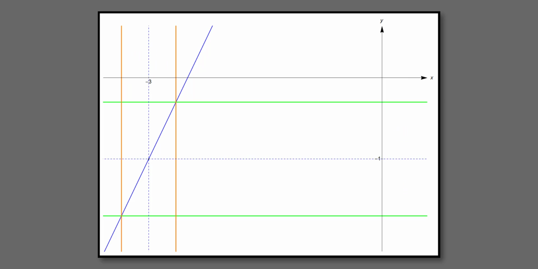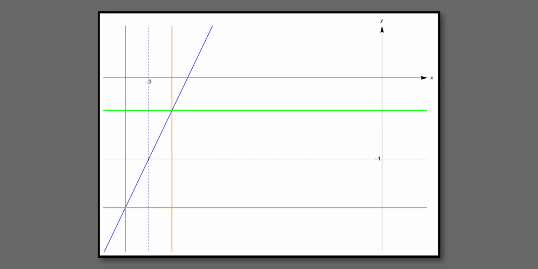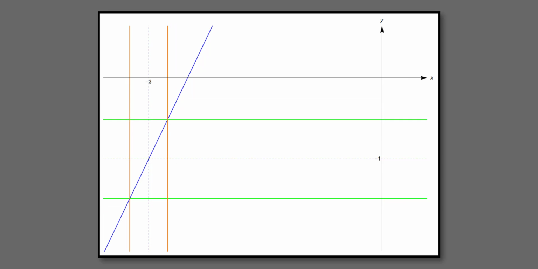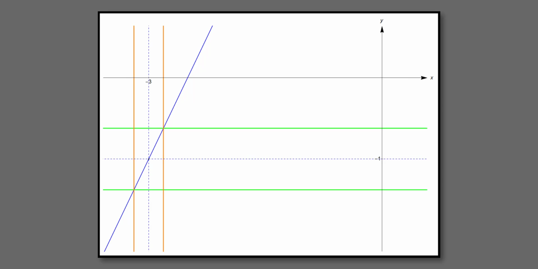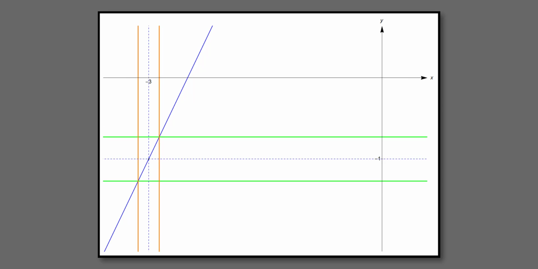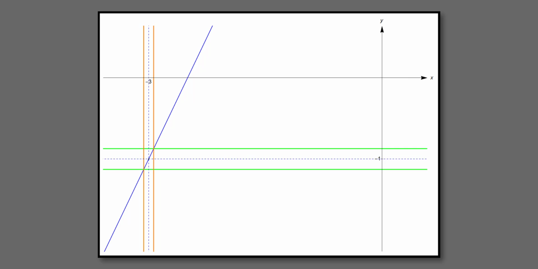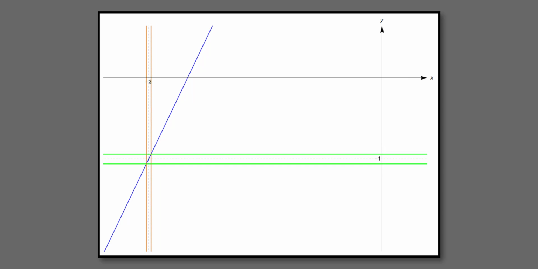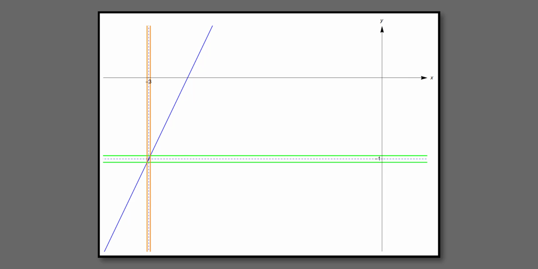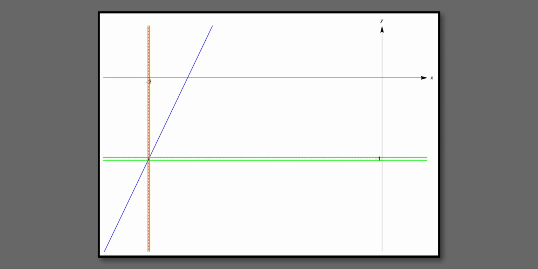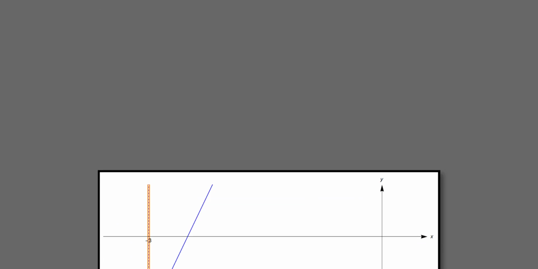So as epsilon gets smaller and smaller, we're allowed less and less error. The corresponding deltas get smaller and smaller too. And since the limit exists, no matter how small epsilon is, the corresponding delta will always exist. It will get smaller as well, but we can always find a delta to correspond to a given epsilon.